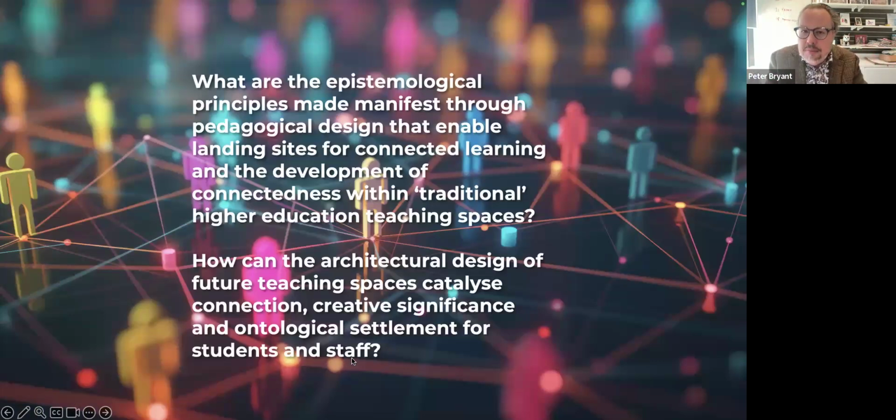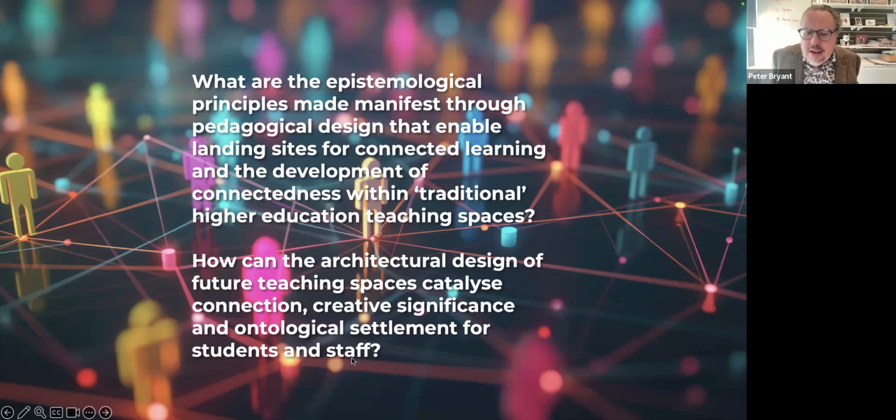And to put that, being a researcher and professor of business education as I do, I put that into research questions, which were really: what are the epistemological principles that have been made manifest through to the pedagogical design that will enable landing sites for connected learning and the development of connectedness within traditional higher education spaces?